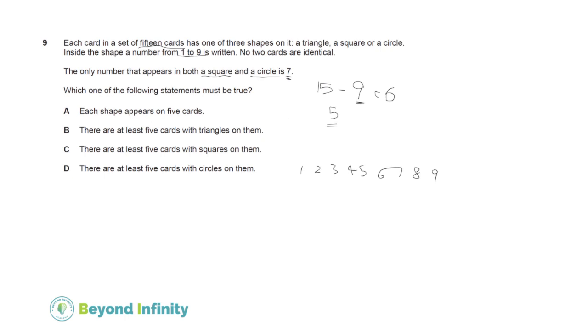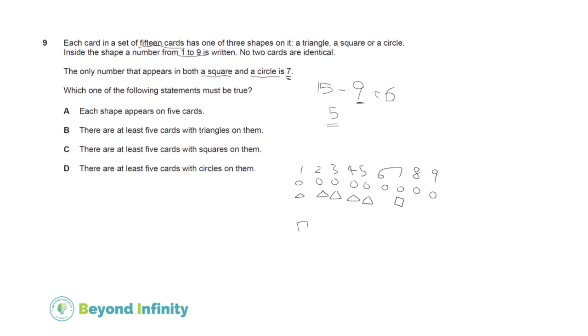If these are all circles, we know that 7 is the only one that has squares, right? So the next 5, the repeats, can't be squares, right? Because 7 is the only one. So it must be triangle.